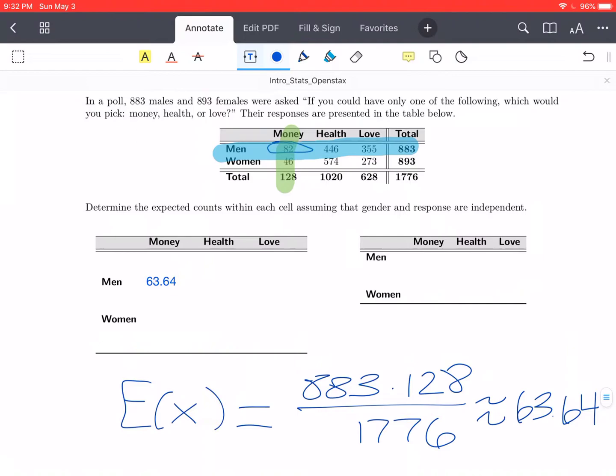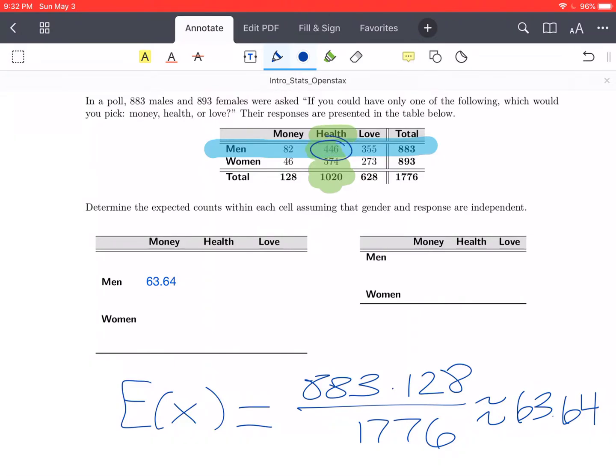If we want to move on to the next cell, we can just move to the right. Now we're in the health column, so we're looking at this term right here.